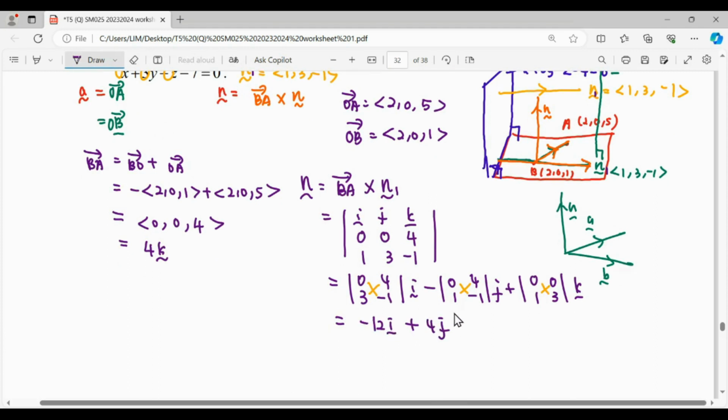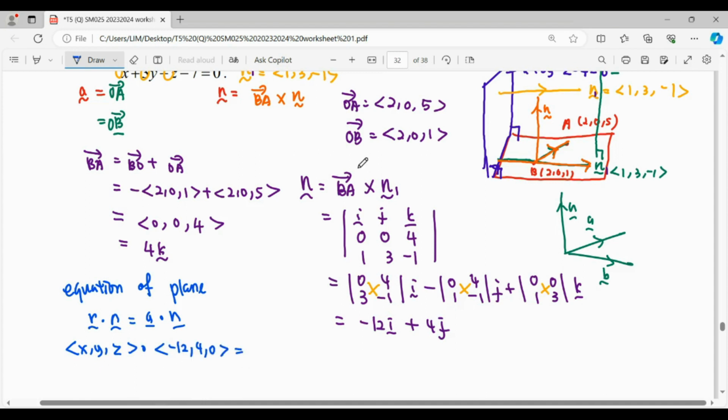So finally, we have our point and then we have our normal. Then we can answer the equation of the plane, using the formula r dot n equals a dot n. r will be our x, y, z vector, and the normal we found here is (negative 12, 4, 0), equals the point. We can take point A or point B, so either one.